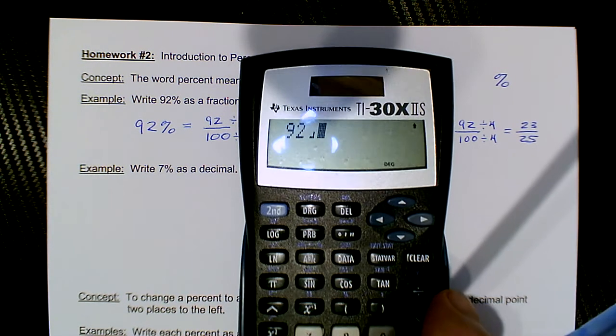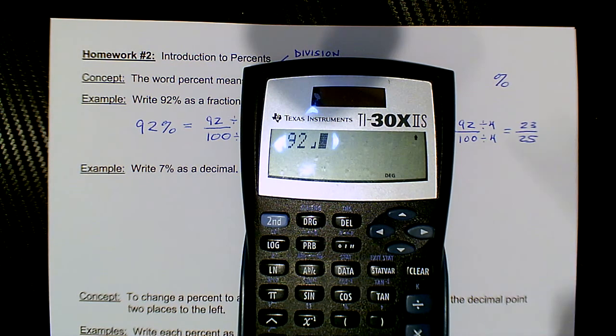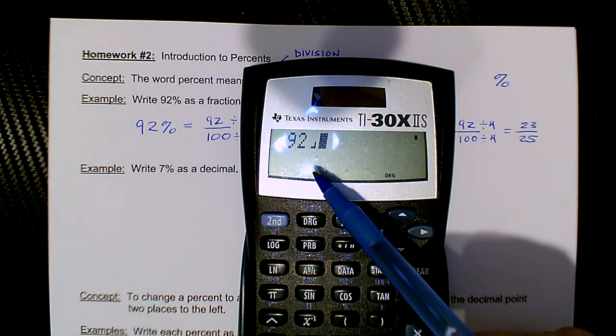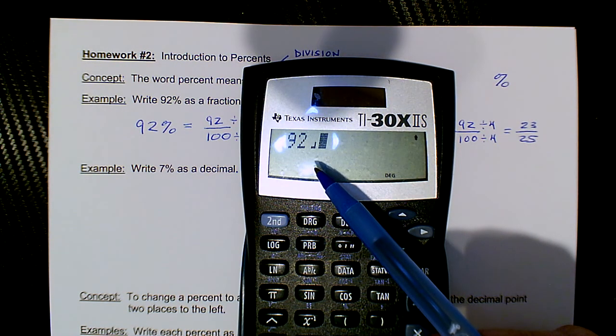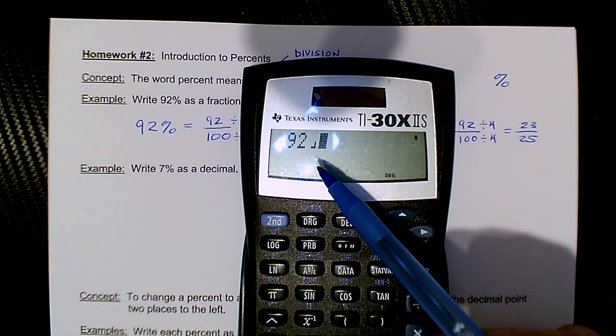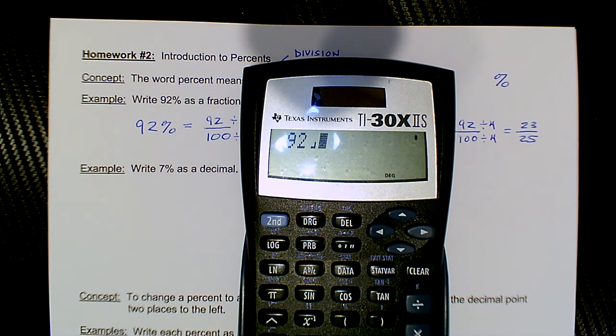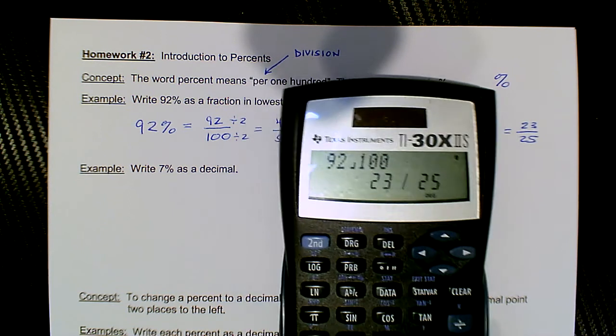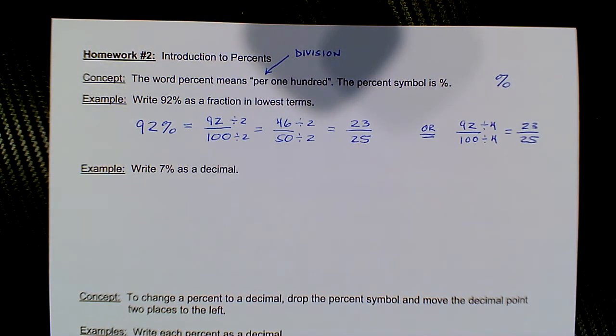And notice on the display how the calculator has the little upside down backwards L there. That's its way of indicating a fraction bar. And then I type in the denominator of 100 and press equals, and it reduces the fraction immediately for us. So it's very helpful to have a basic scientific calculator with the fraction key.